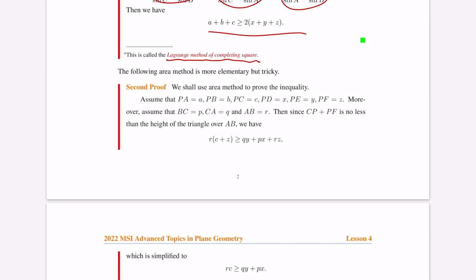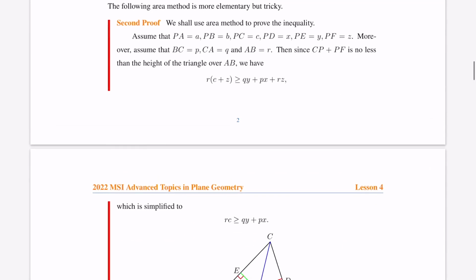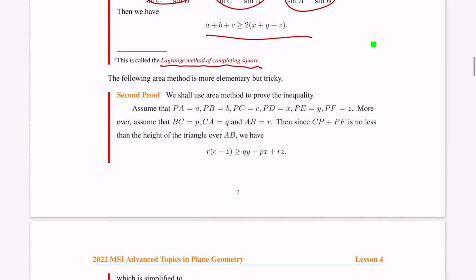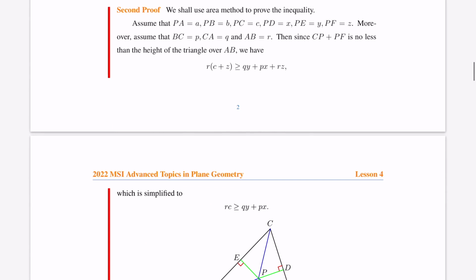But it includes a very nice trick that you should also think about very carefully. Area method. I would say this is not the easiest proof. The above proof is the easiest proof. The second proof is not the easiest, but certainly it is the most elementary.